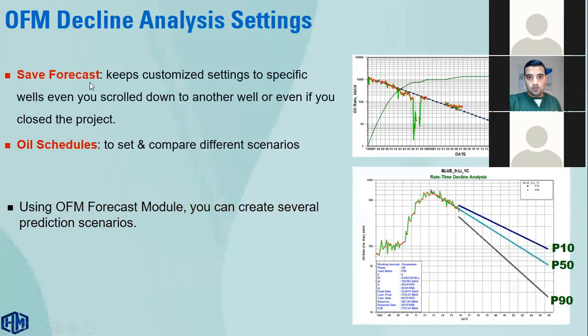Also in OFM, we can save our forecast and make different schedules corresponding to different scenarios, equivalent to P90, P50, and P10.